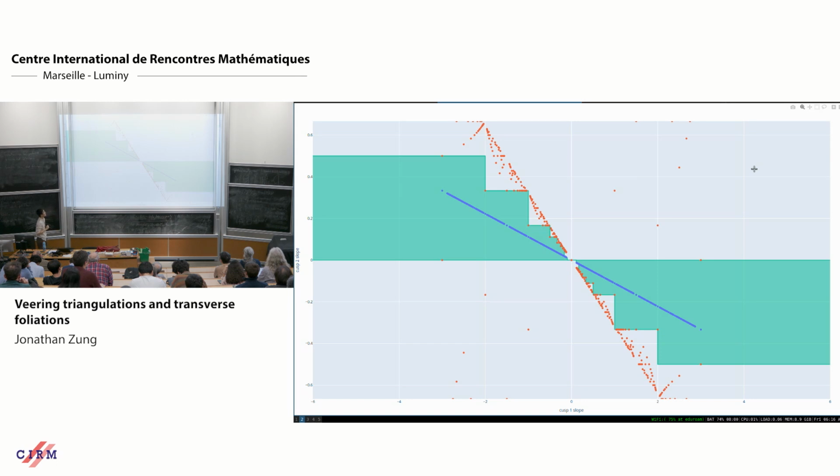My claim is that these red points are excluding all taut foliations below and to the left of them. So it would be great if someone proves this inequality here.